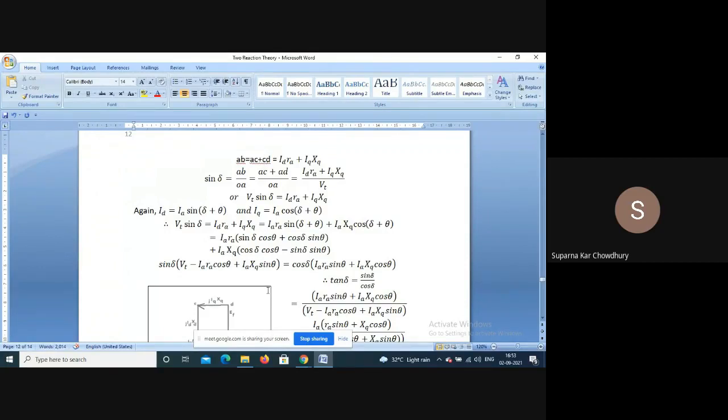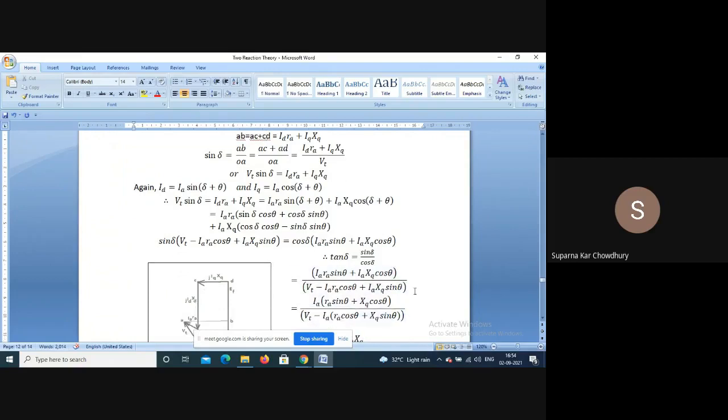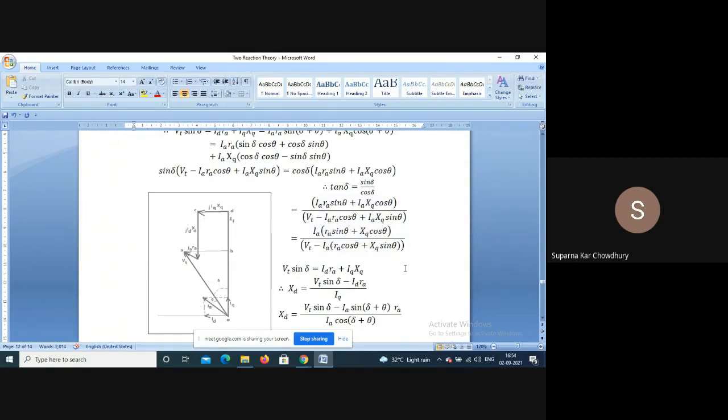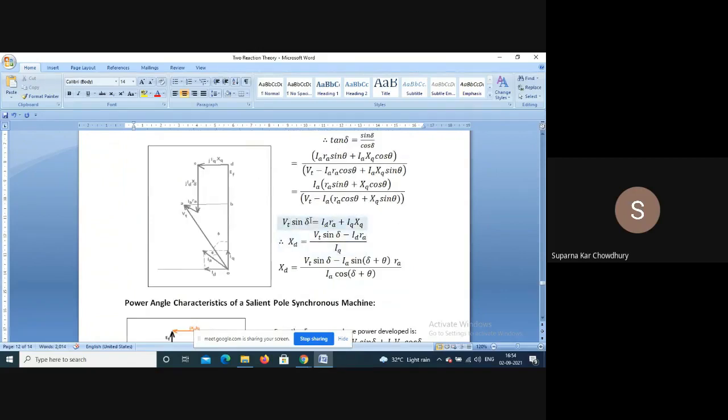And from there we get tan delta equal to sine delta by cos delta. So this is IaRa sine theta plus IaXq cos theta, equal to Vt minus IaRa cos theta plus IaXq sine theta. Again, Vt sine delta is equal to IaRa plus IaXq.